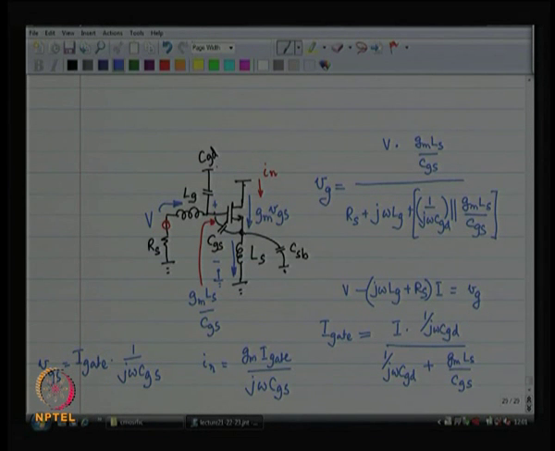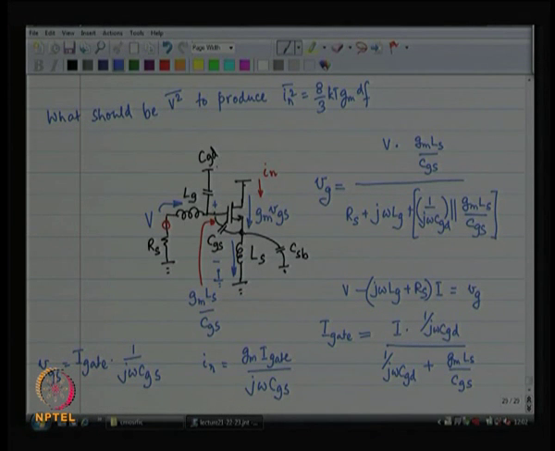Once I know I n in terms of V, then I can figure out what should be V squared to produce I n squared equal to 8 by 3 k T G m d f.